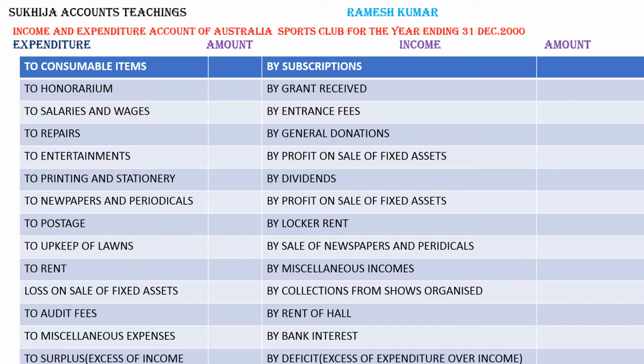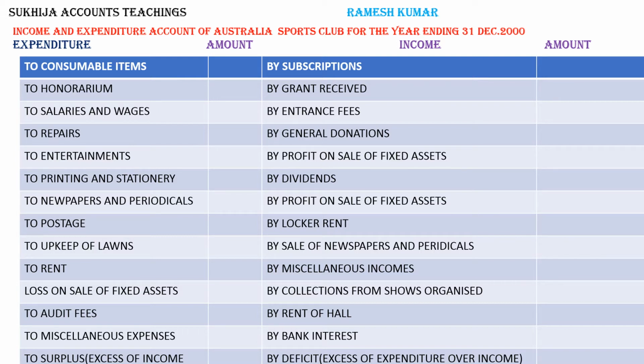To rent, the premises which they are using, they have to pay rent for that. To loss on sale of fixed assets, if the fixed assets have been sold and on sale the organization has suffered any loss.